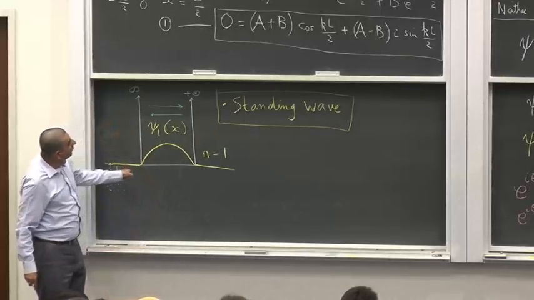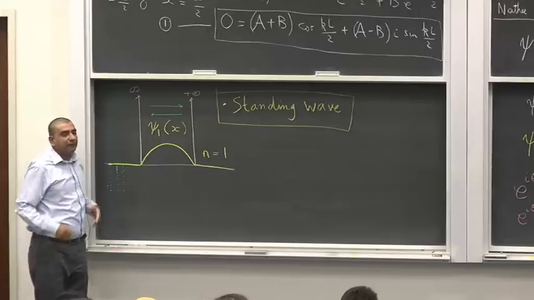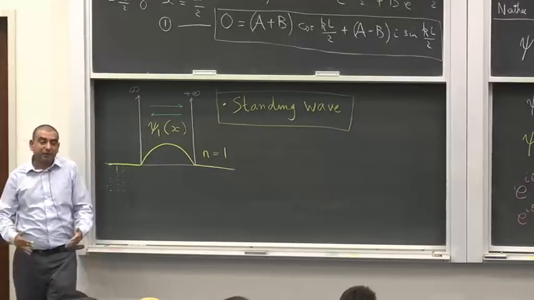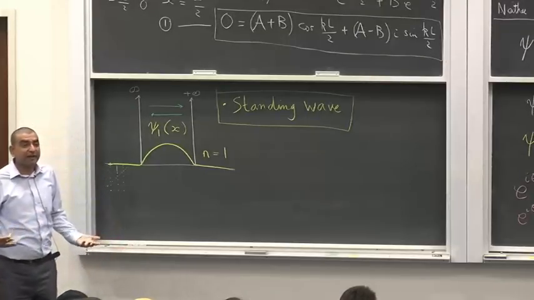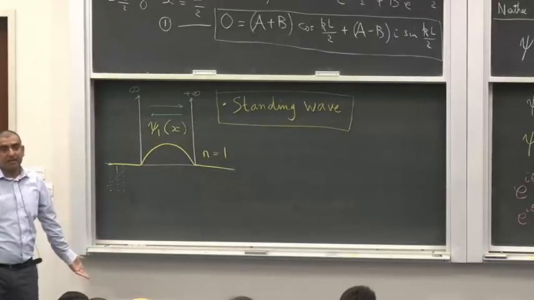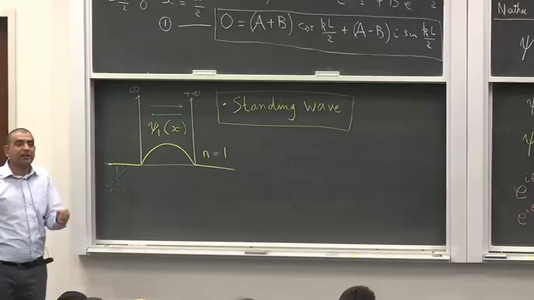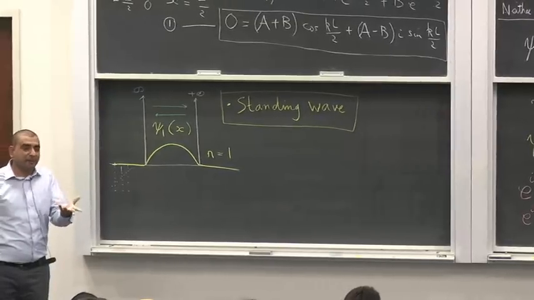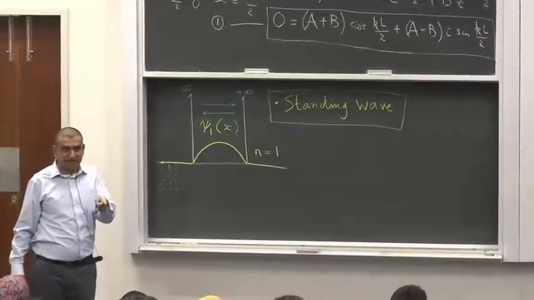Alright, so now if you look at this wave function, I would like to make physical sense out of it, because I'm an experimenter. I would like to find out where I am supposed to find the particle. The first question is, I cannot ask where is the particle, because that's a nonsensical question.